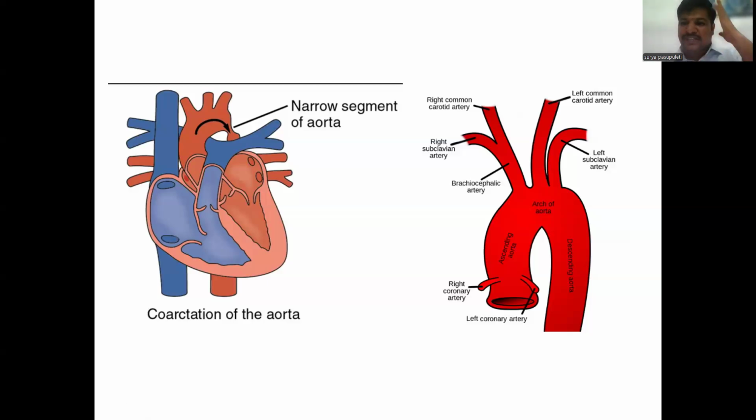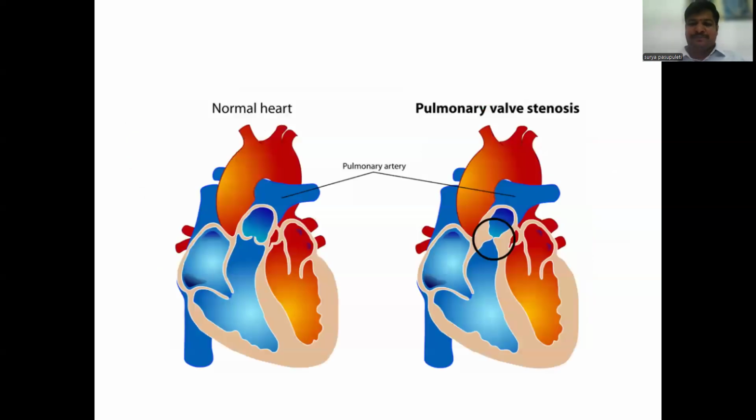Hence, the blood pressure in the head and upper extremities will be more, and the blood pressure in the lower extremities will be less. The characteristic symptom here will be strong pulses in the upper extremities. If you feel the radial pulse, it will be very strong compared to the distal pulses.